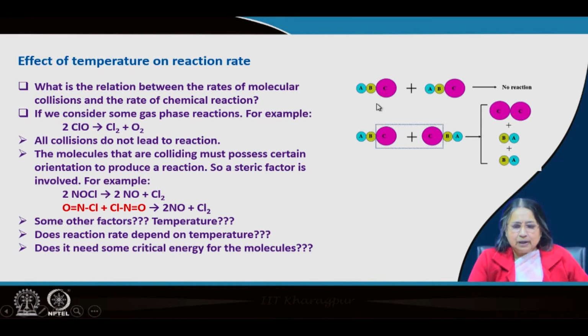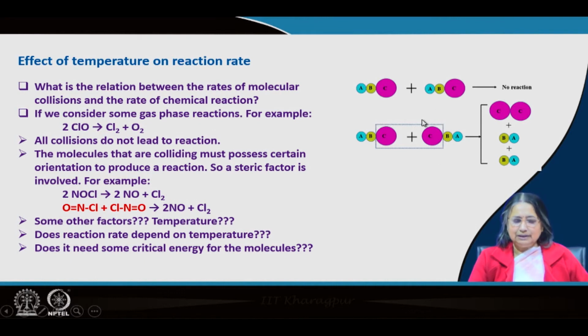In three dimensions, what is the orientation of collision? Think about this molecule in this fashion: this is the chlorine, this is the nitrogen and this is the oxygen. Now, if they collide in this fashion, where this chlorine atom is away from the other molecule, then the reaction will not occur, because chlorine bond formation is required to get the product.